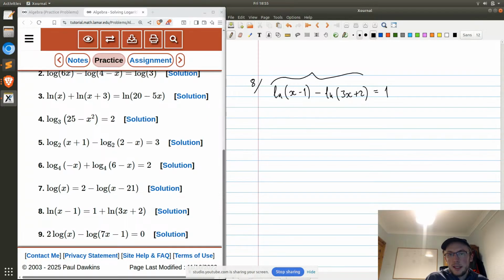Now we have a difference of logarithms, so form a quotient of their arguments, just like that. Or a fraction, if you like. Then do e to the power of both sides to get rid of the natural logarithm.